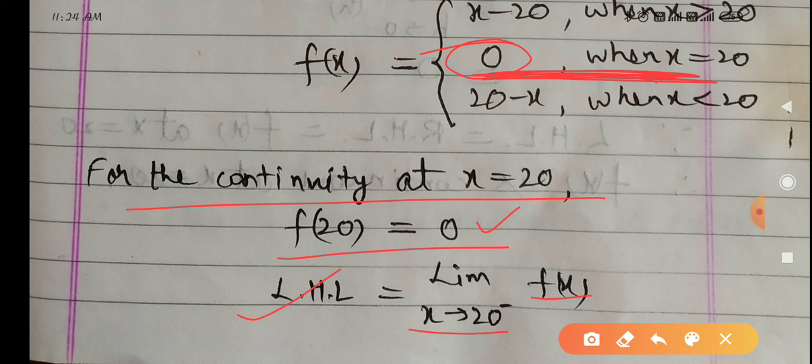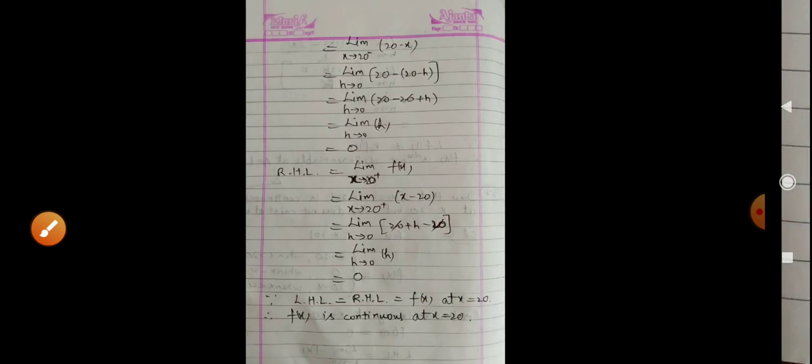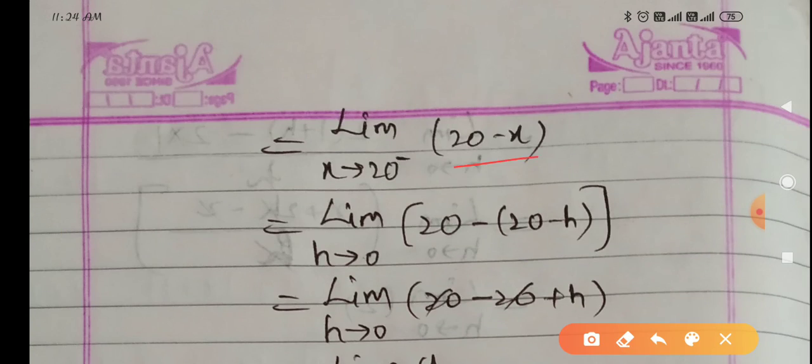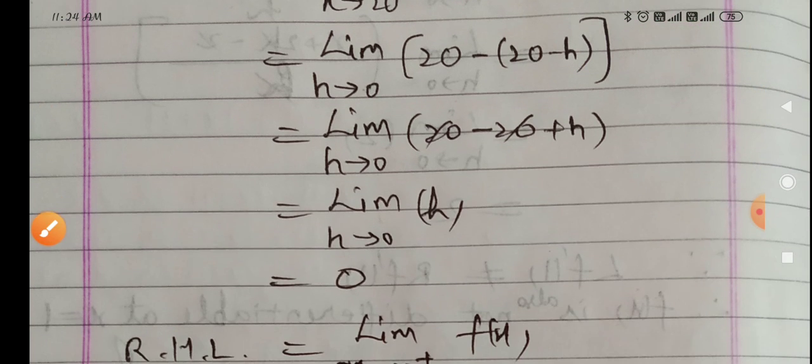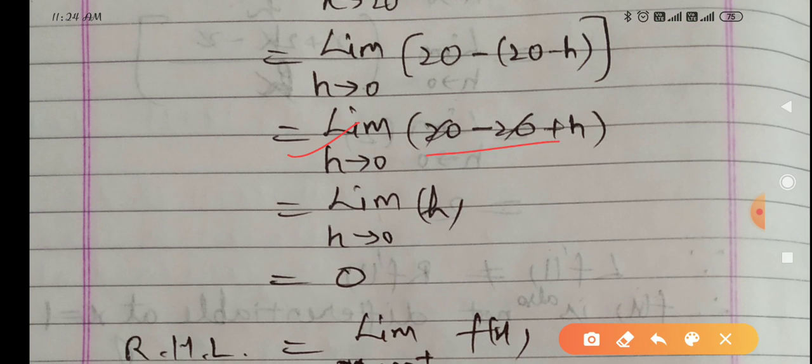What is the function for x less than 20? 20 minus x. So you put 20 minus x. In place of x, 20 minus h can be written. By simplifying, you get limit h tends to 0, 20 minus 20 plus h, which is h, so it is 0.